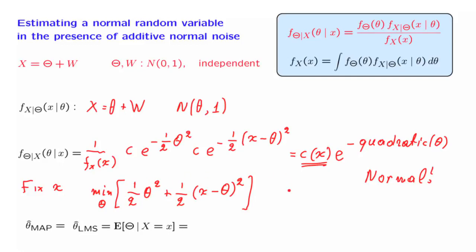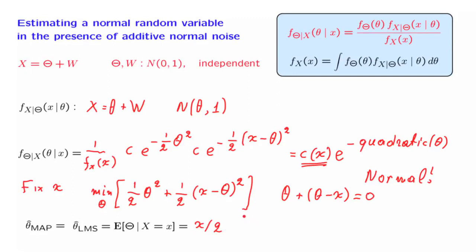The derivative of this term is theta. The derivative of this term is theta minus x. We set this to 0, and when we solve this equation, we find 2 theta equal to x. Therefore, theta is equal to x over 2. And so we conclude from here that the peak of the distribution occurs when theta is equal to x over 2, and this is our estimate of theta.